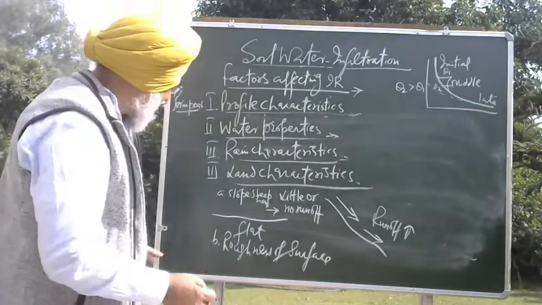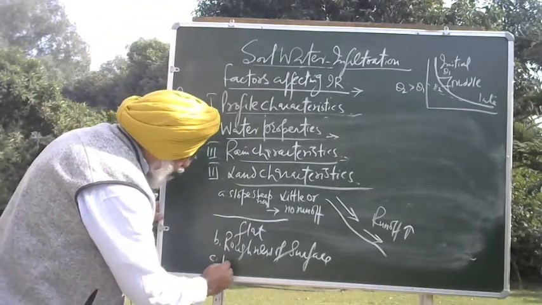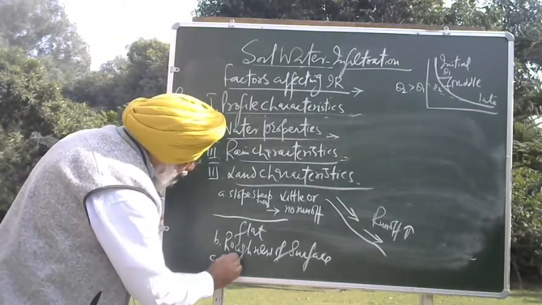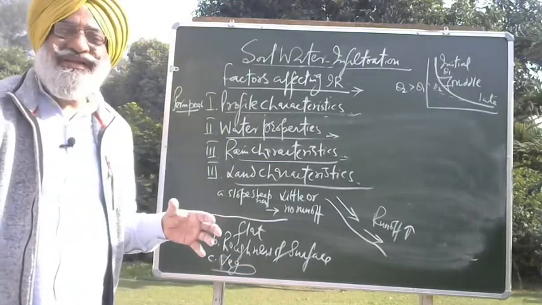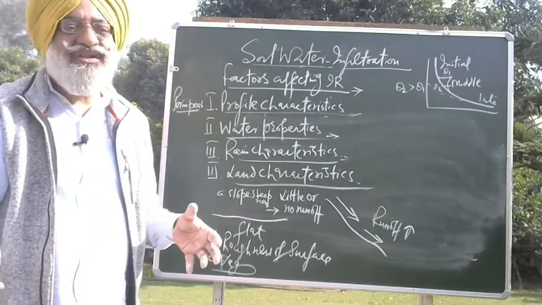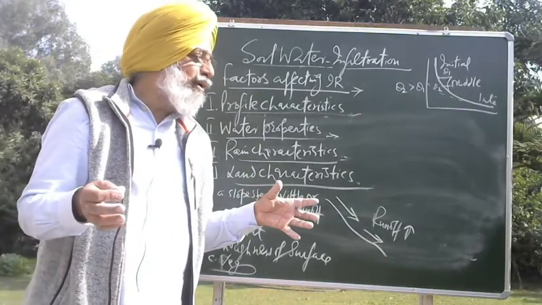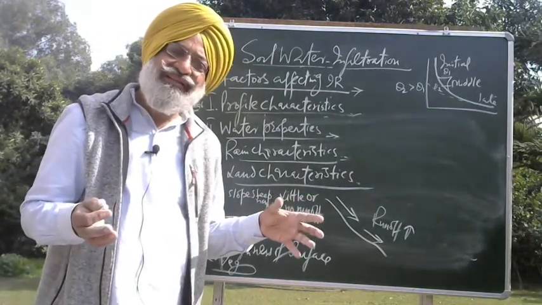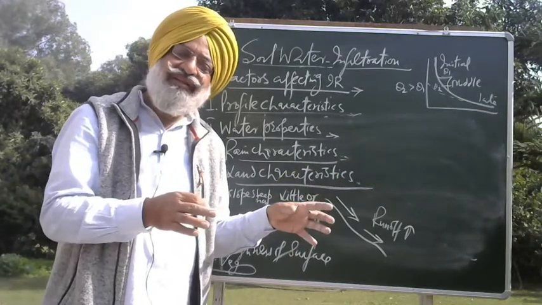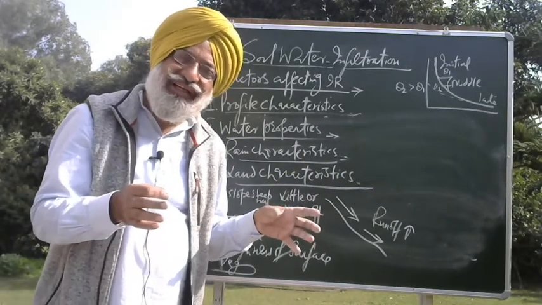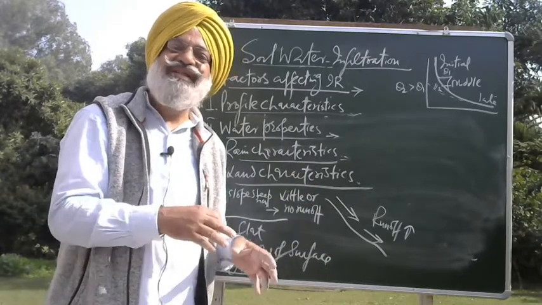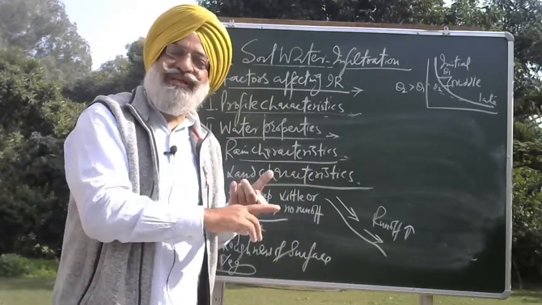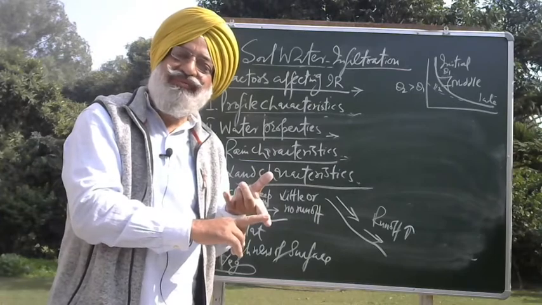One more important factor is vegetation. It also depends on whether your land is vegetated or bare. If you have a grassy land and rainfall is there, water does not stagnate. On the other hand, on bare soil, water generally stagnates, because grass protects the soil from crusting.